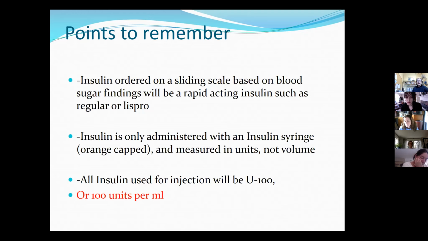So we can administer insulin that will improve their blood glucose levels dramatically, but we don't want to drop those levels too low.